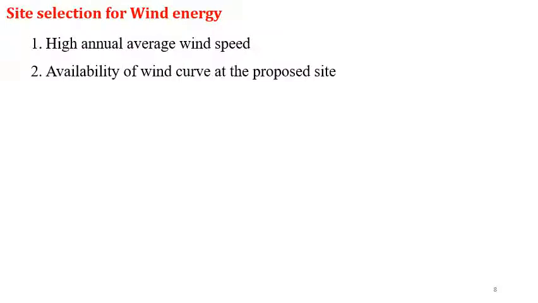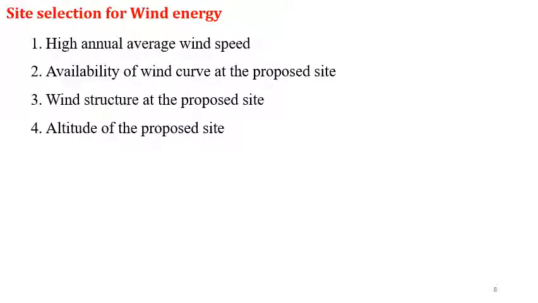The second is availability of a wind curve at the proposed site. We should know how the wind will vary from time to time, so wind structure is also very important to know. We can get all this from anemometry data, and we have to study it thoroughly before installing wind energy.